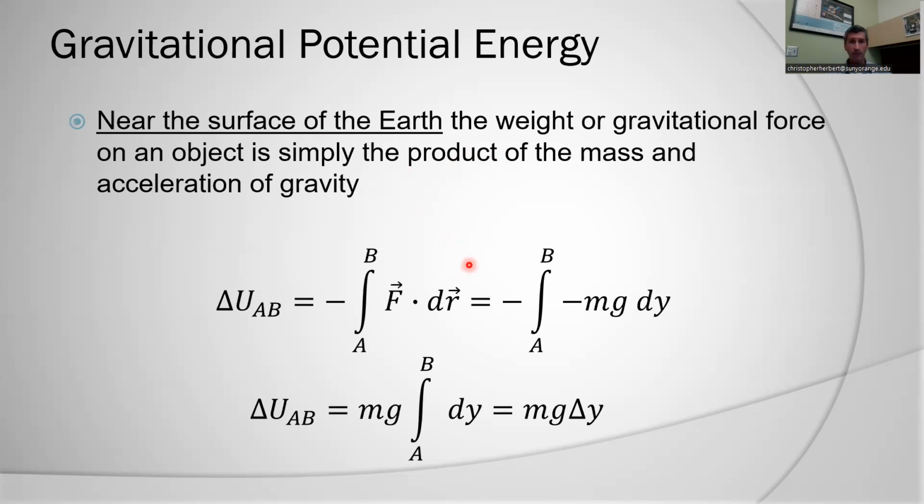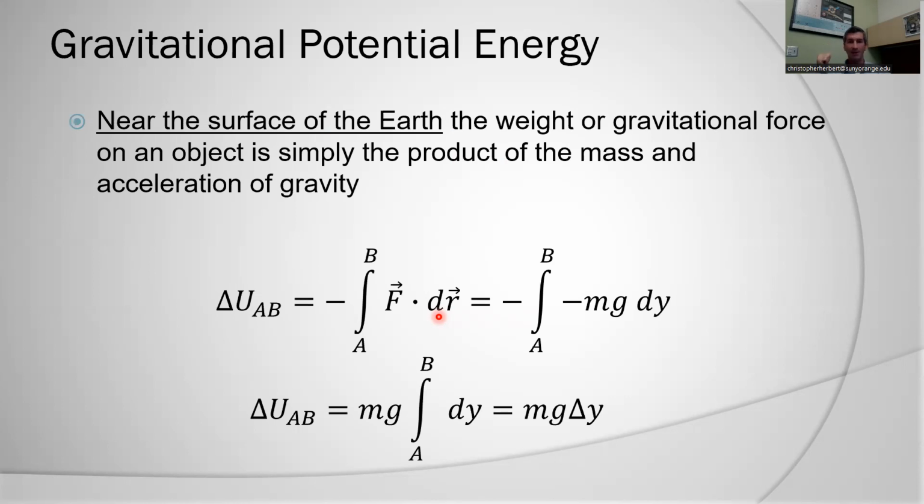Our force is weight, and the direction that we move is going to be in the y direction. So the force is in the negative y direction, negative mg down, okay? If I dot that with dr, dx is perpendicular to the field, so there'll be no component from the dot product there.